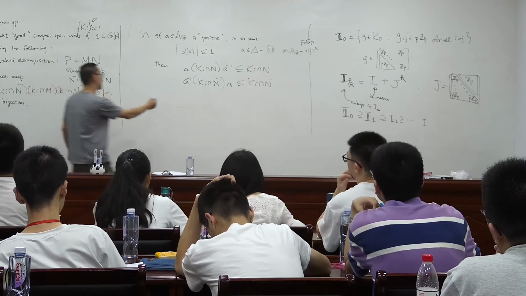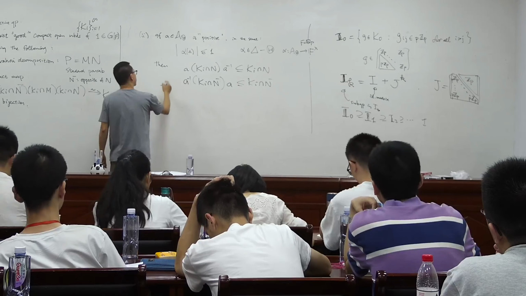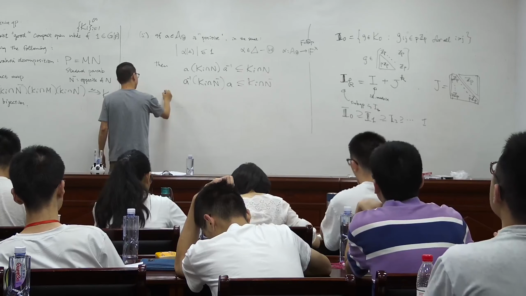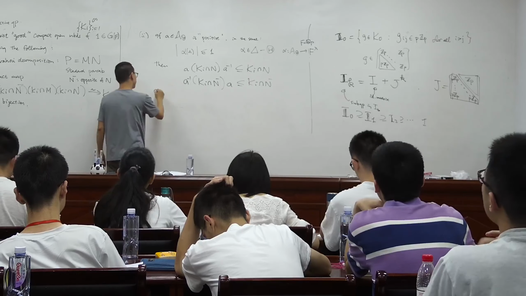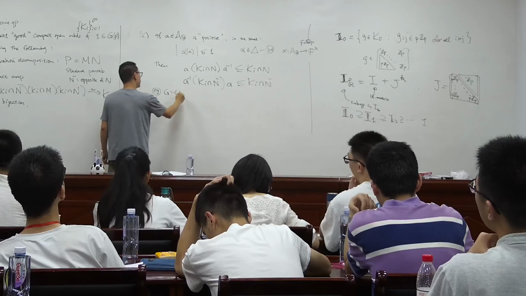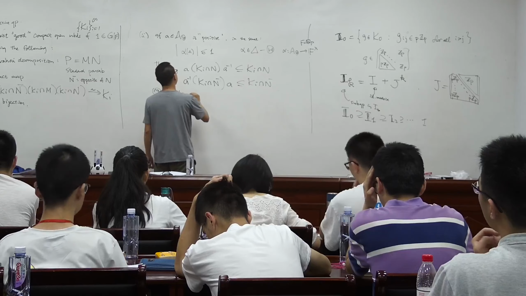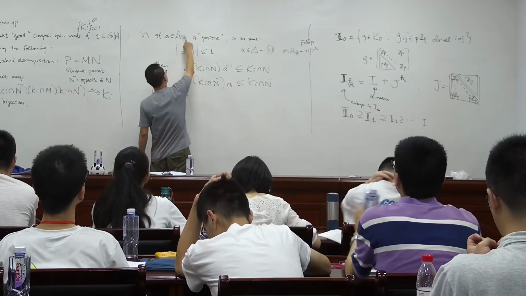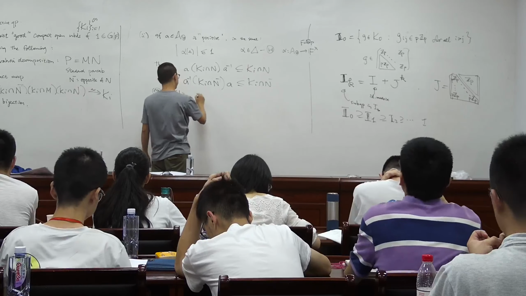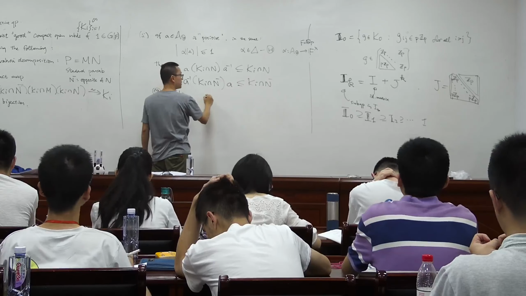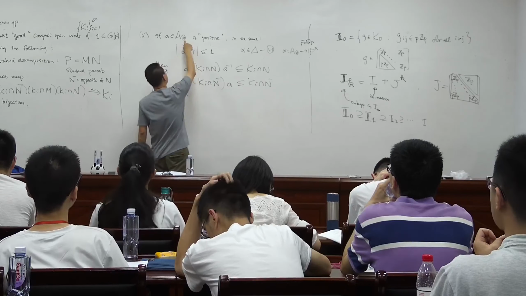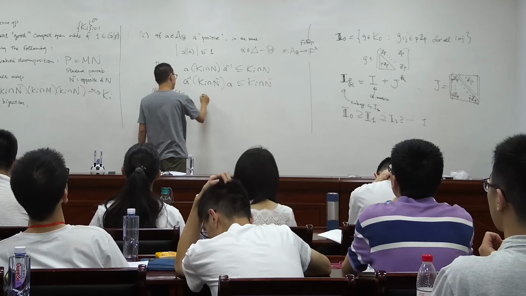Roughly speaking, what it means is, say G is GL2. There are not many choices for theta, so you can just take E1 minus E2.